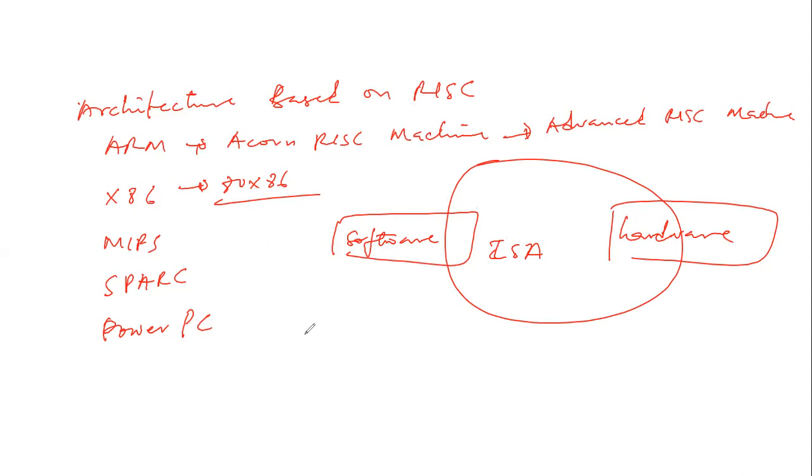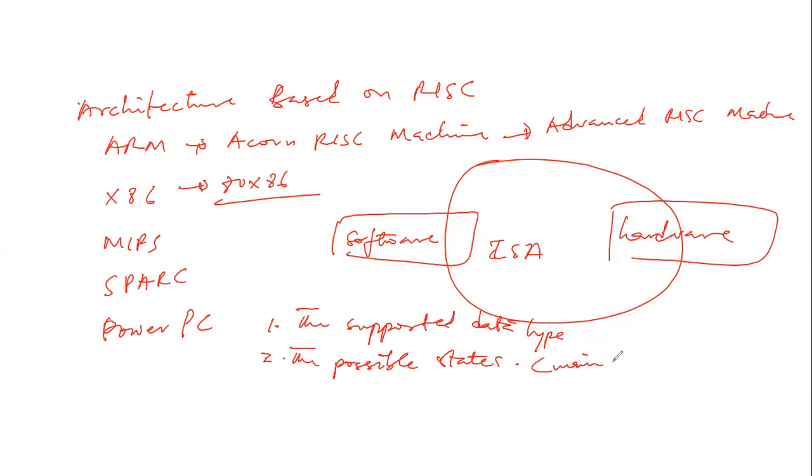So the ISA describes some basic things. Number one, the supported data types. And two, the possible states, that is the main memory or register.